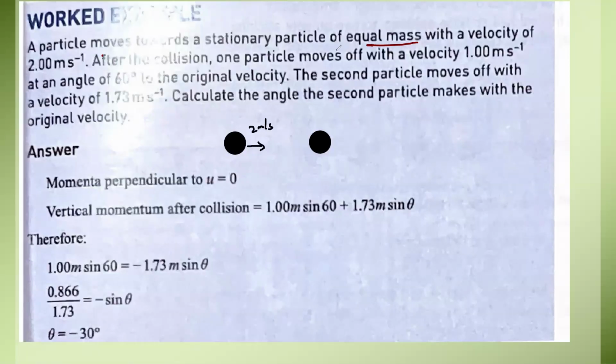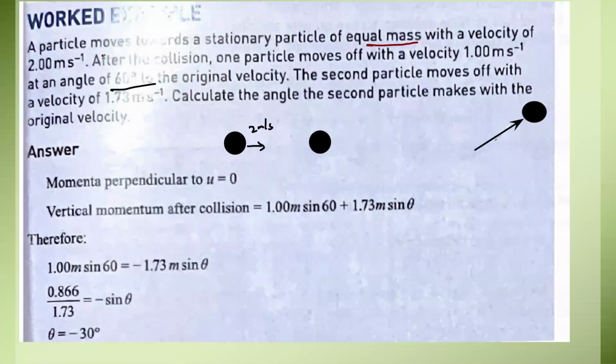After the collision, one particle moves off with a velocity of 1 meter per second at an angle of 60 degrees from the original velocity. So this is before, but after the collision, what happened? One of the particles moves at an angle of 60 degrees from the original direction.